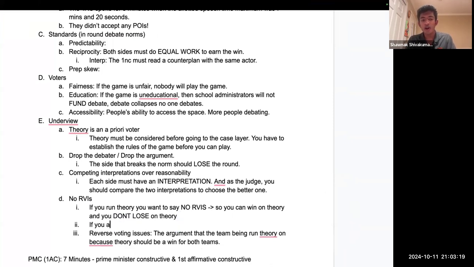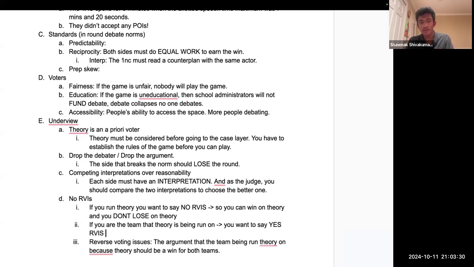If you are the team that theory is being run on, I don't know how to say it in few words, but you want to say yes RVIs, so that you can also win the round on the theory shell.